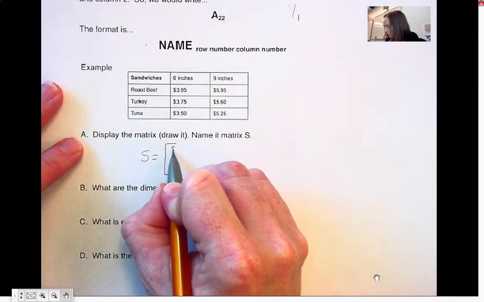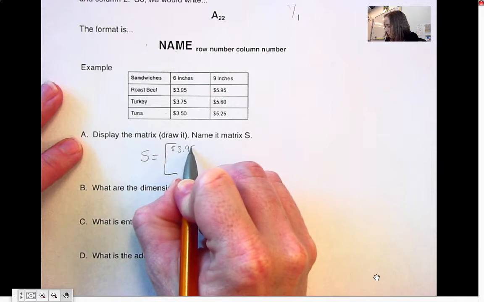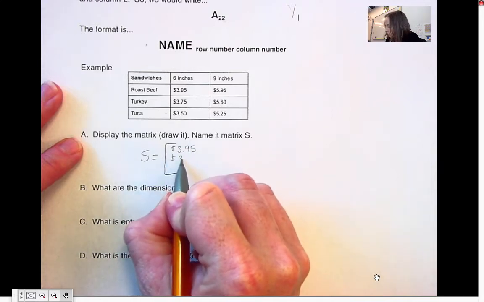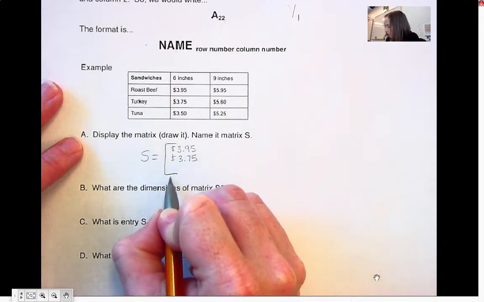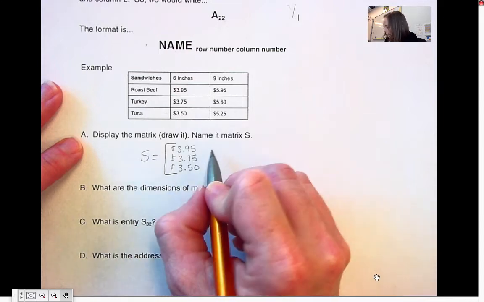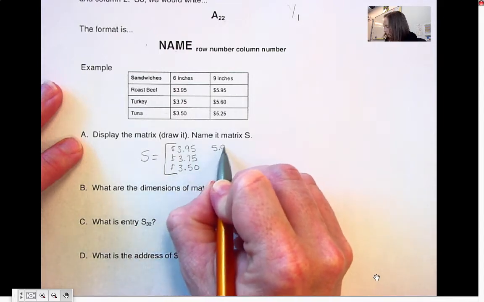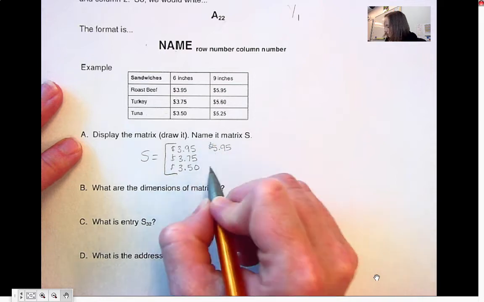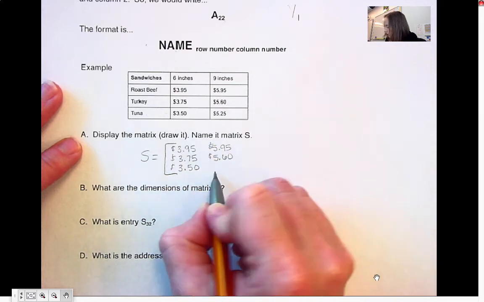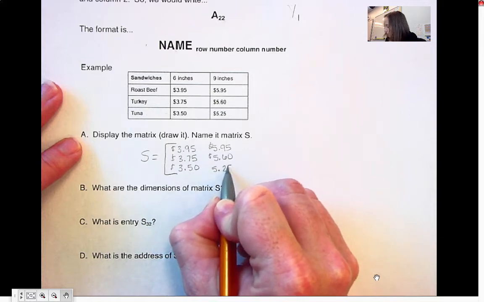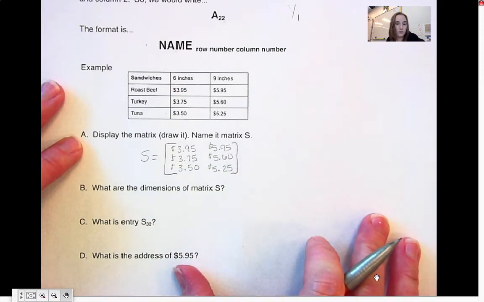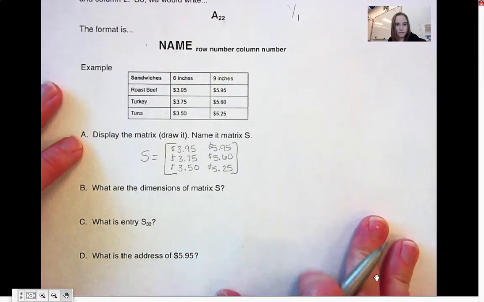We're going to have 3.95, and if I were using a calculator, I wouldn't put in the $ sign, but it's okay to show it here. 3.75 and 3.50, and then we have 5.95, $5.60, and $5.25. And there is our matrix, and we named it S.